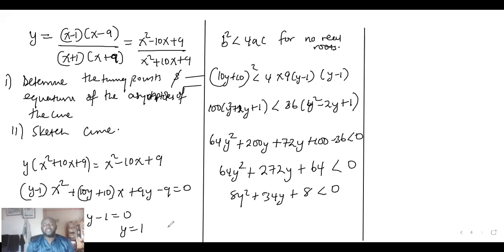Someone simplify this. What do you get? It is impossible because b squared is not greater than 4ac. 34 squared can't be greater than 64 times what? Times 4. 8 is greater. So it has real roots.